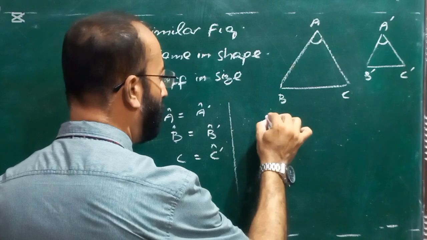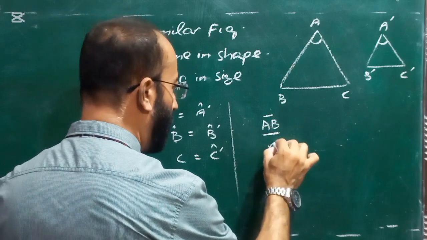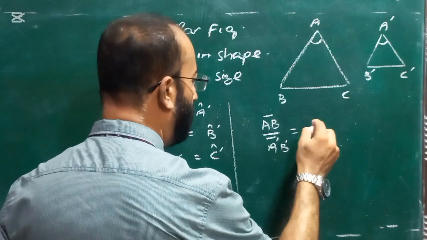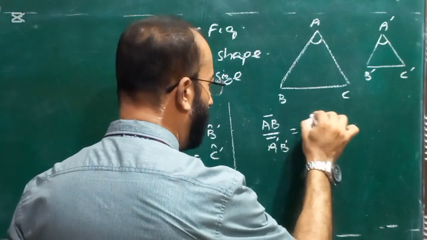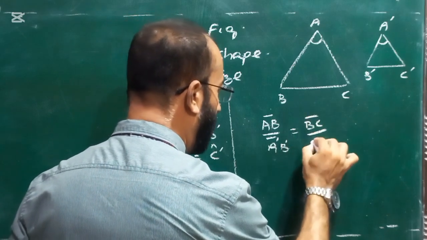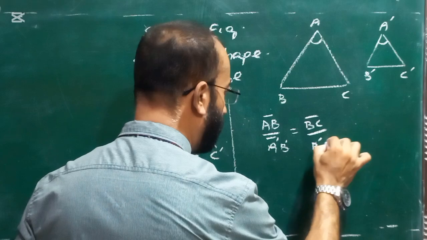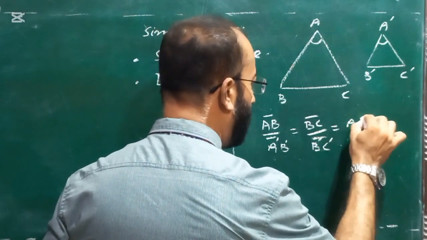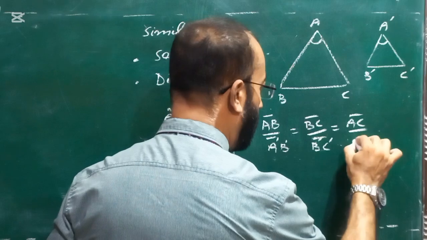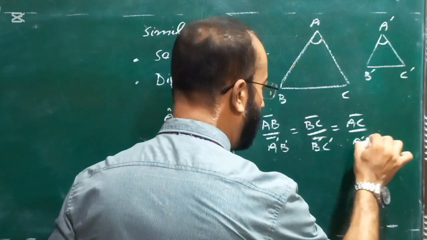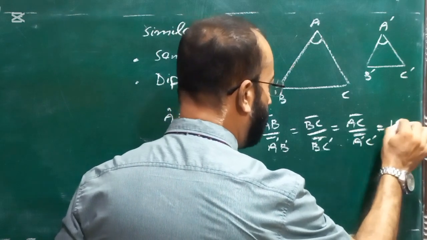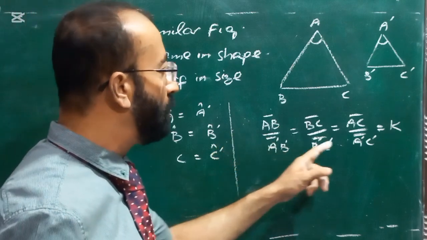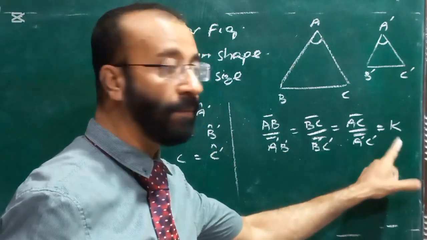So ratio of AB over A dash B dash will be equal to BC over B dash C dash equal to AC over A dash C dash. So the point is ratio of the corresponding sides is equal.